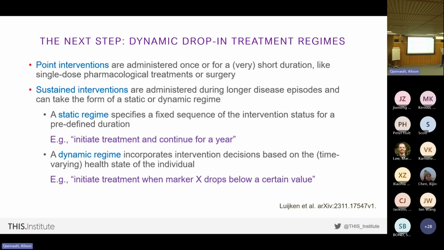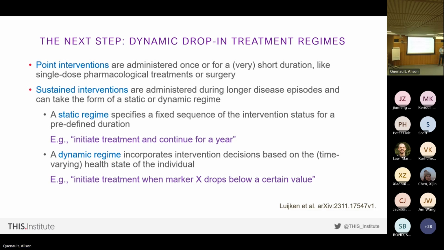In the paper, we make a distinction between point interventions, those are treatments for a very short duration, for instance surgery, and sustained interventions, which are more common. All long-term medication-like treatment, antihypertensives, are sustained interventions. And there we can have a static regime, but like I said, in practice, what I think we always have is a dynamic regime, where the intervention decisions are based on some time-varying health state of the individual.